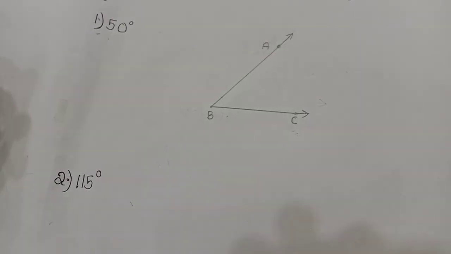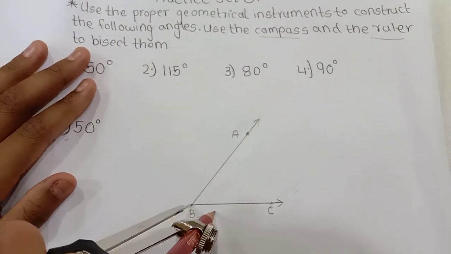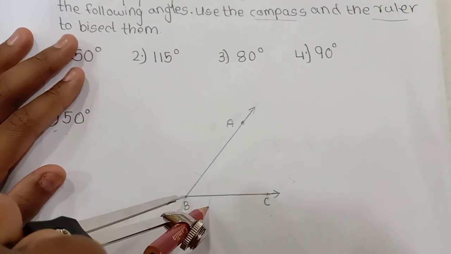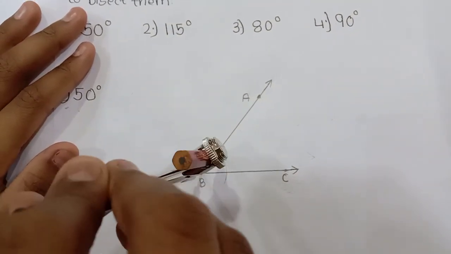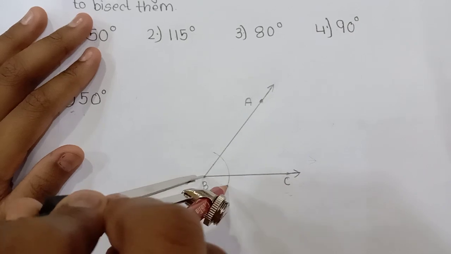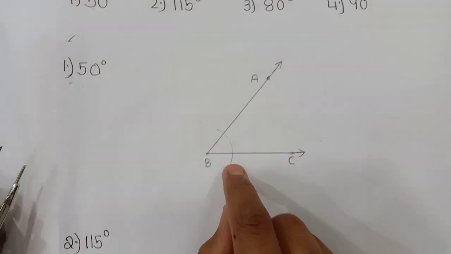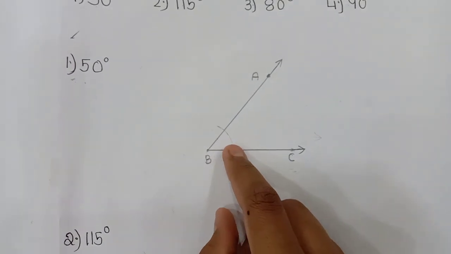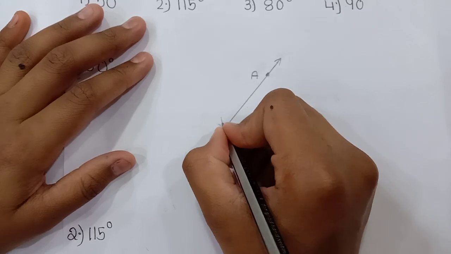Look how I am making it. You have to make the same arc like this. So we have made an arc. Now you have to name the arc; I am naming it PQ.